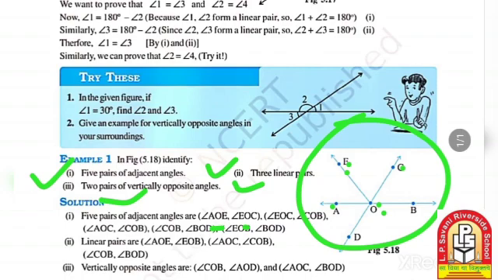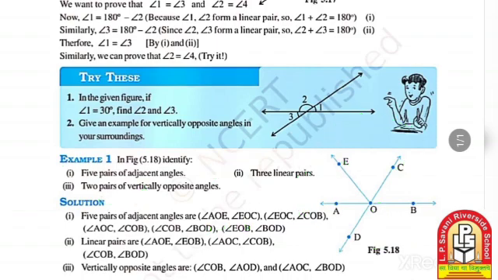The second pair is EOC and COB. Then AOC and COB is the next pair, COB and BOD is the next pair, and EOB and BOD is another pair. In this way, there are five pairs of adjacent angles.